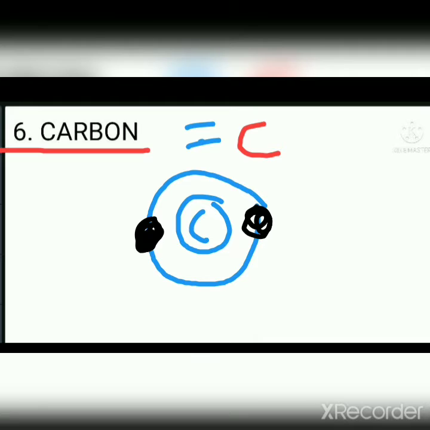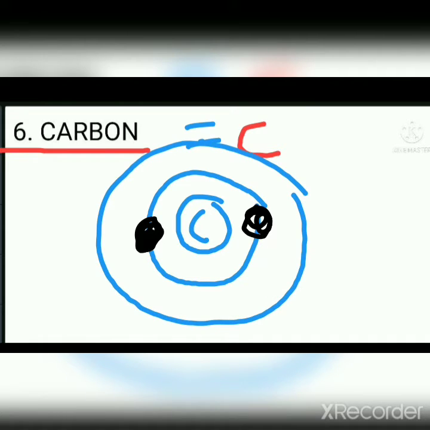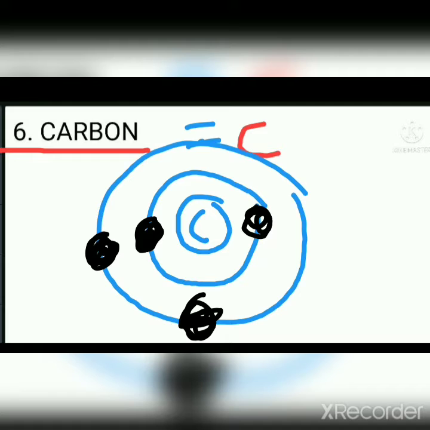Now after subtracting 2 from 6, 4 are left. So how will we make that? We will make another circle like this, and I will make 4 dots in it. Is it clear?